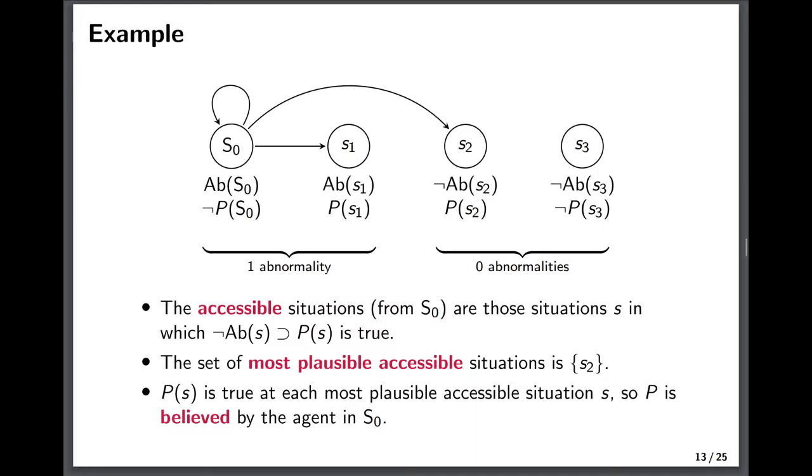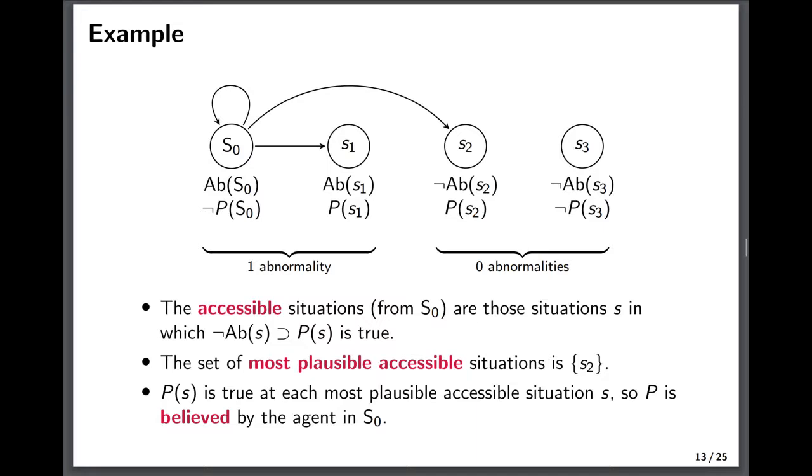For example, in S0, the fluent ab, which is a special abnormality fluent, is true, and P is false. It can be seen that the accessible situations from S0 happen to be those situations where not ab implies P is true.